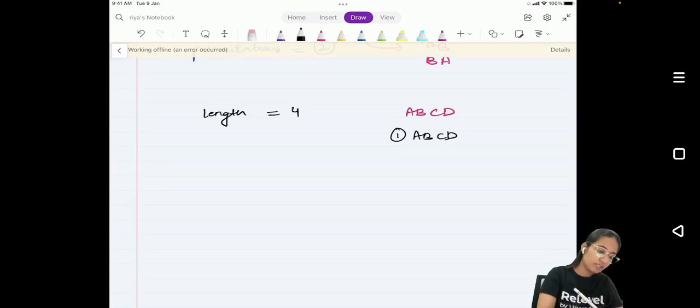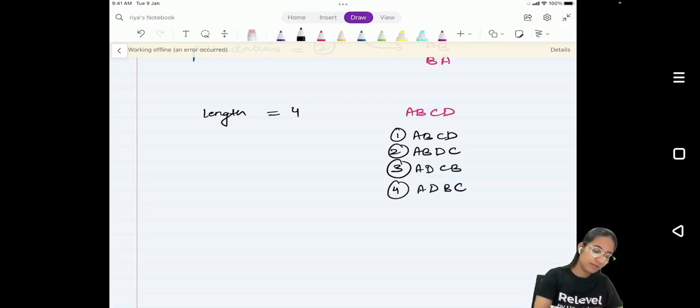First is ABCD only. Then we have ABDC. Then third, let's first take ACDB, and ACBD. Okay. And then we can also have, let's say, ADBC over here.